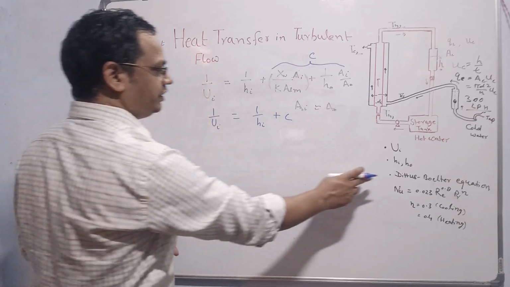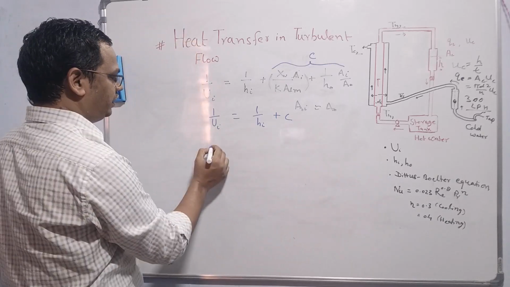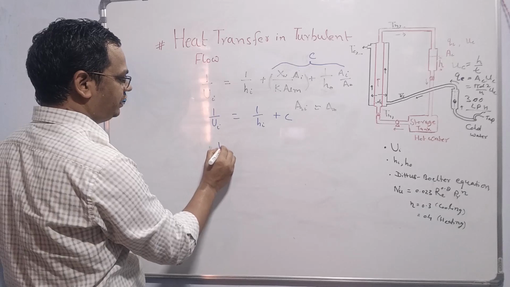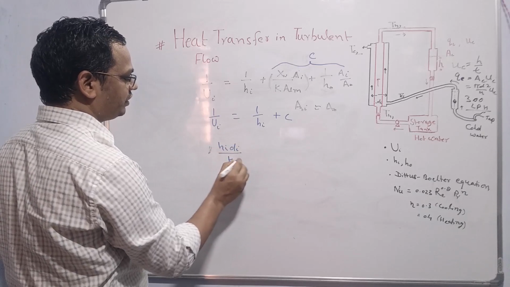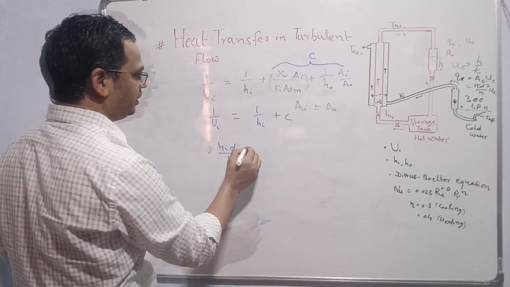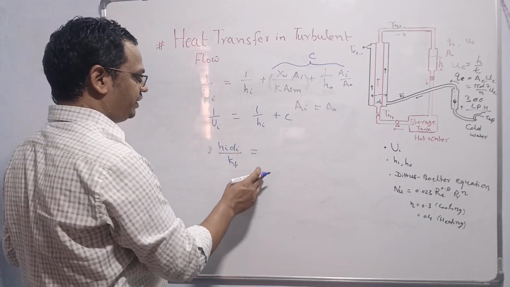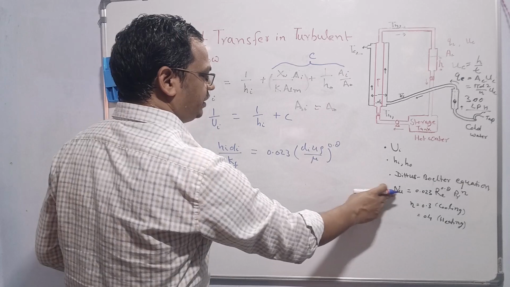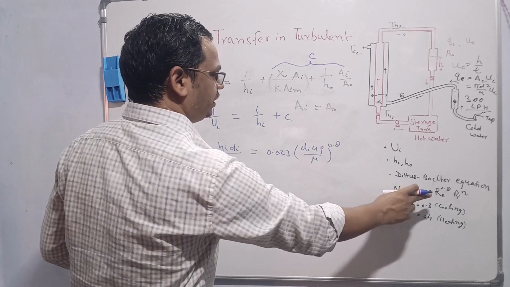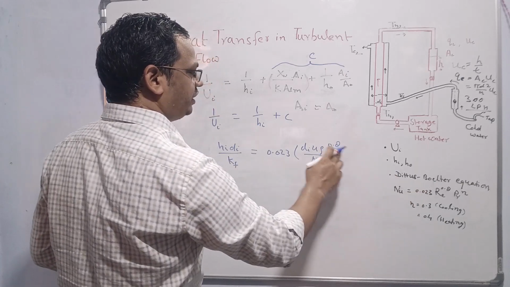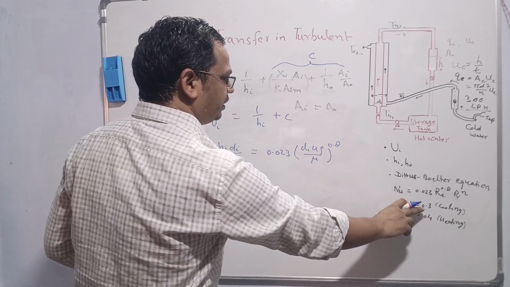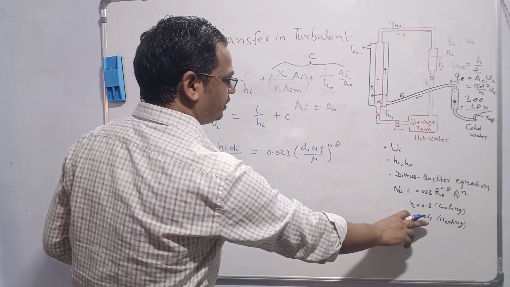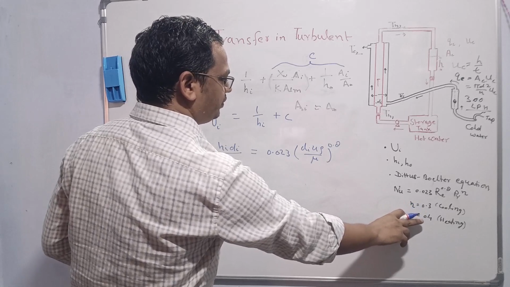Next we will use the Dittus-Boelter equation. Nu means Hi di by K, where K is Kf, the conductivity of the fluid. This equation is used when flow is fully turbulent. Nusselt number is equal to 0.023 into Reynolds number power 0.8 into Prandtl number power n. For cooling, n is equal to 0.3, and for heating, n is equal to 0.4.